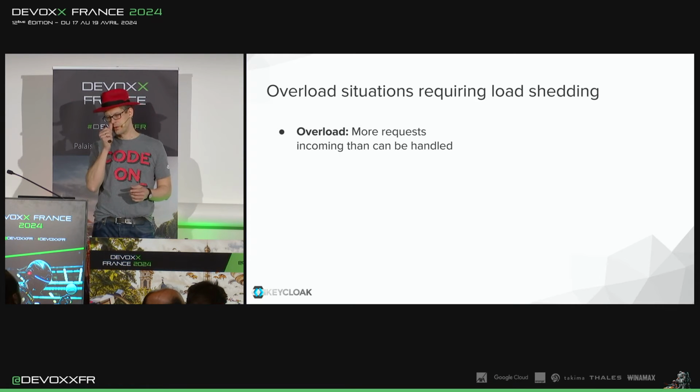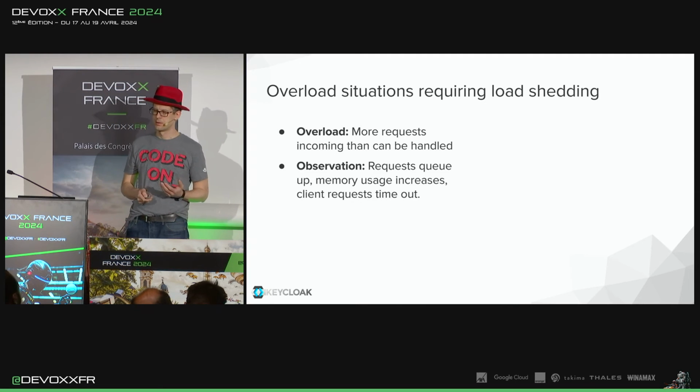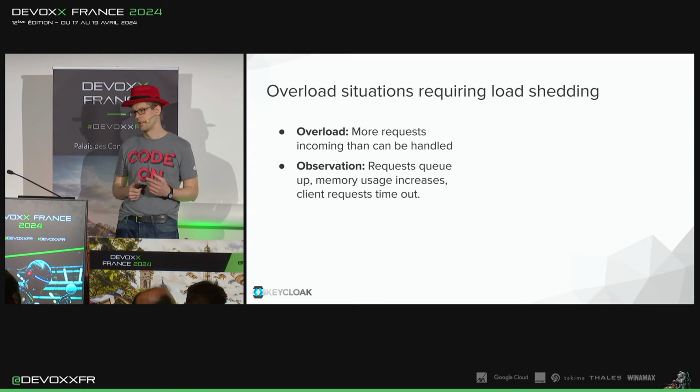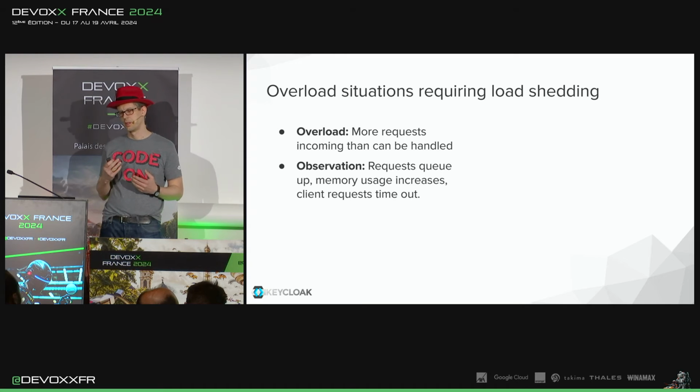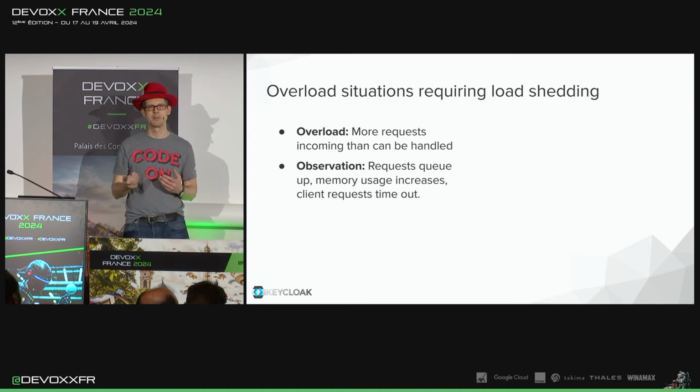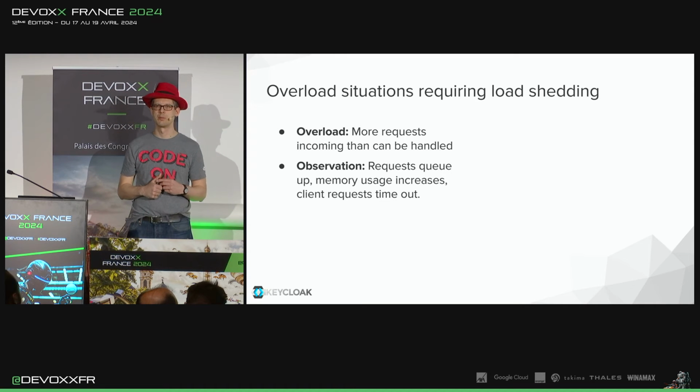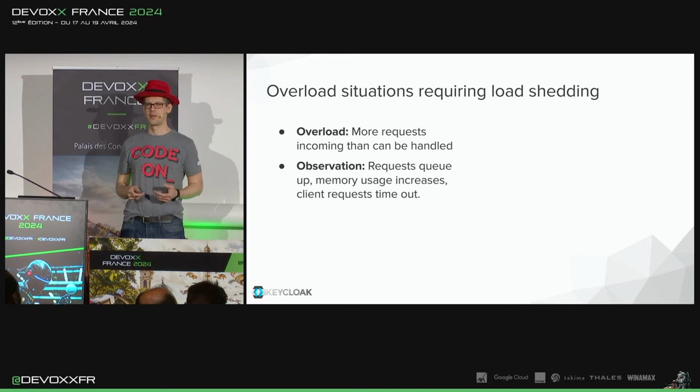So what defines an overload situation? It is more requests coming into the system than can be handled. When something like this happens, you will observe that requests queue up, you will have a lot of memory usage, your client requests will time out, users will also see timeouts in their browser, and things are going bad, right?